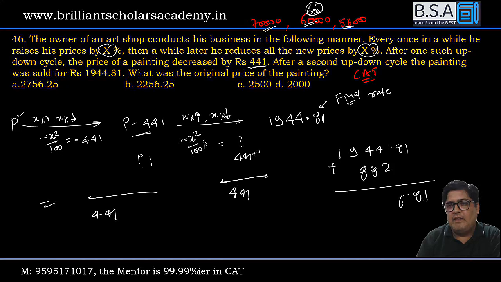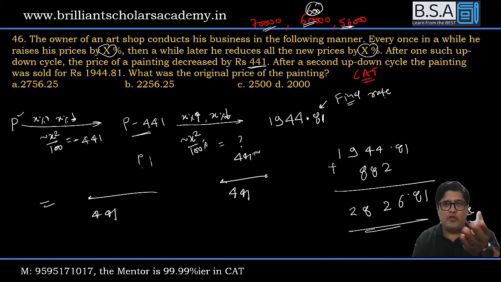So 0.81, 612 carried over 1. कितना हो जाएगा? 28. ये ज़्यादा है. This is more than what you should have. But your answer will be somewhat nearer to this. Do you see these are options? These options are very far below than this.